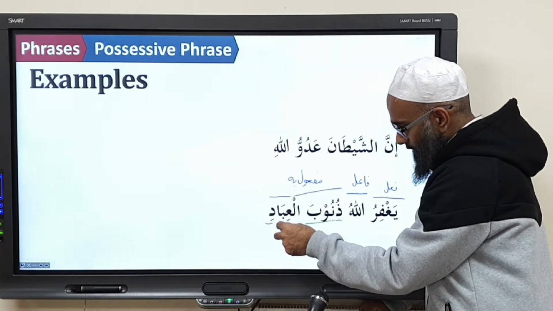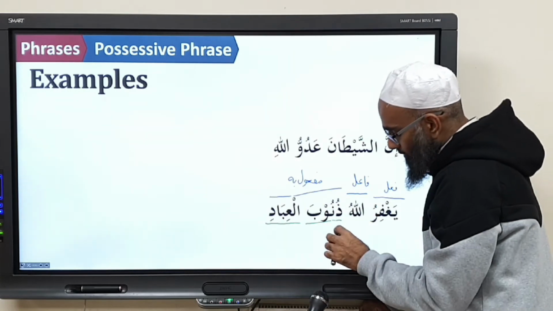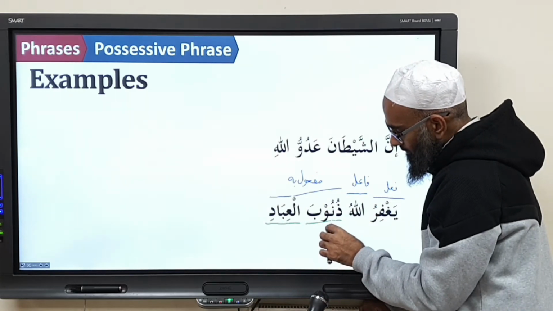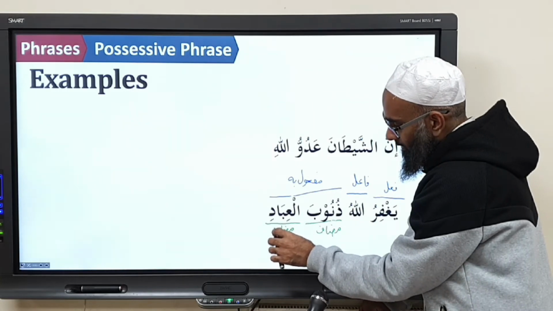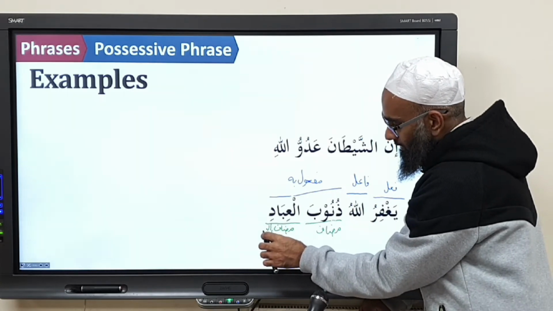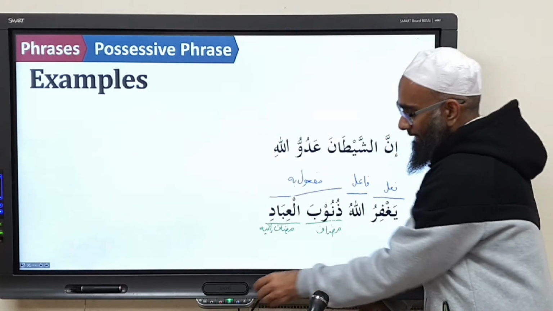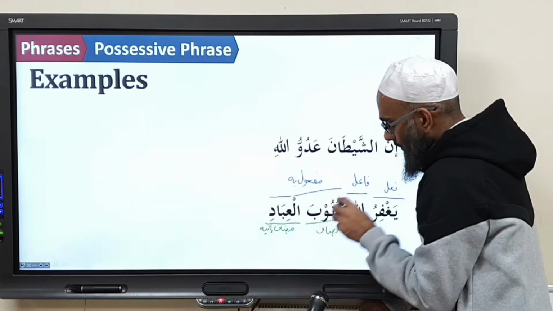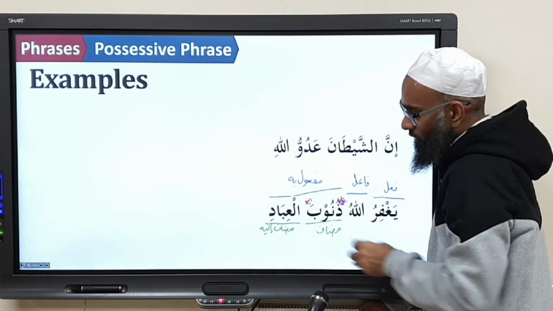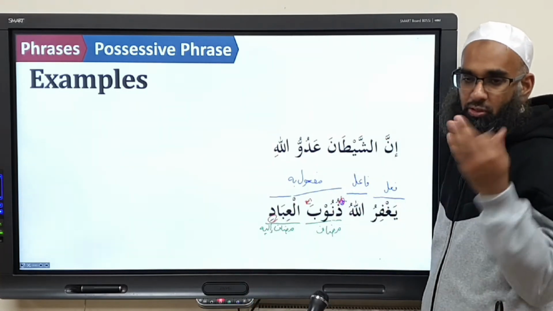A phrase. So you break the phrase down, each part individually. Dhunub becomes the mudaf, and the ibad becomes the mudafun ilayhi. And again, this has no alif lam, no coat, no jumper, no alif lam or no tanween, and this wants to do its own thing having a majroor, so just leave them alone.